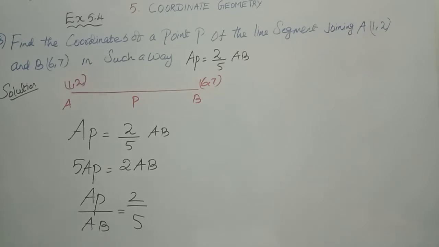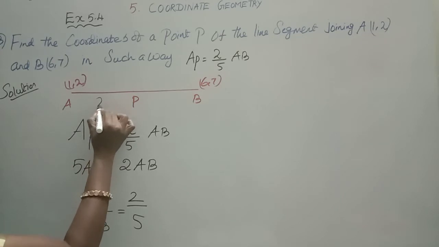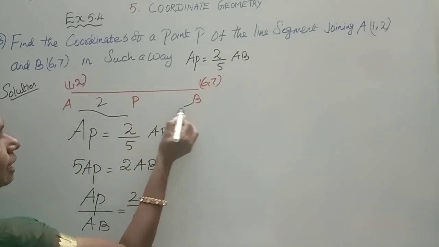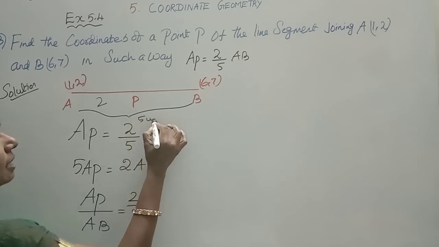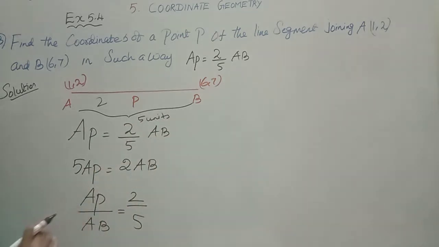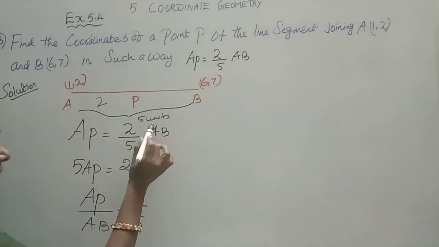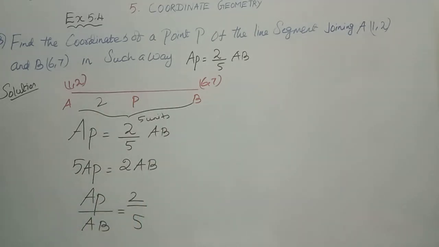What is the ratio? In the diagram we are getting AP as 2 units and AB fully as 5 units. Understand? From this relation we are getting AP 2 and full AB 5 units. We didn't get BP yet, but now we are going to find this PB.